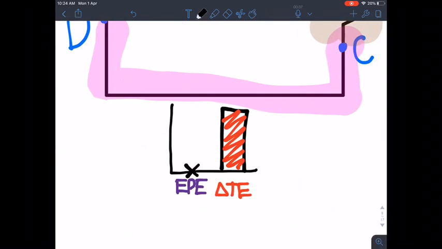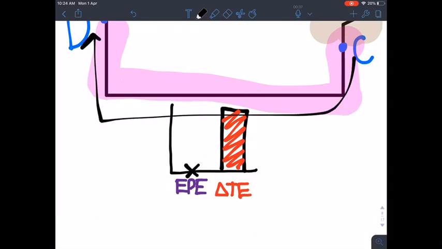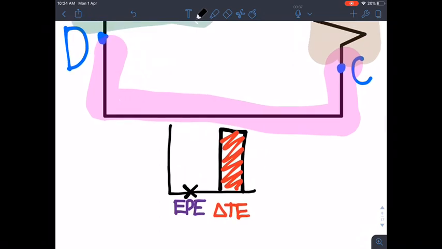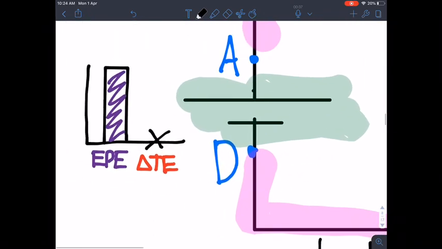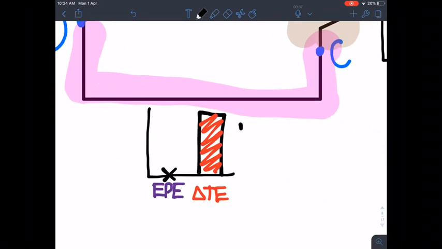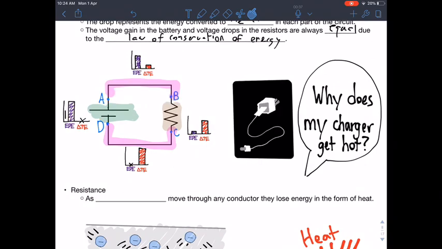Over here, as we return back to the battery, we have now lost all of the electric potential energy, and that is all turned into thermal energy. So the rise in the battery has to equal the drops in the circuit, because the total energy never changes according to the law of conservation of energy.